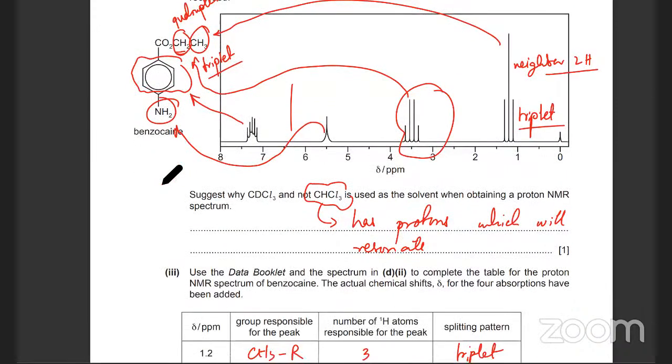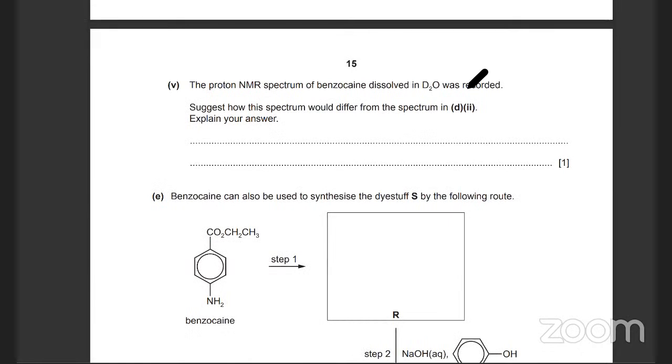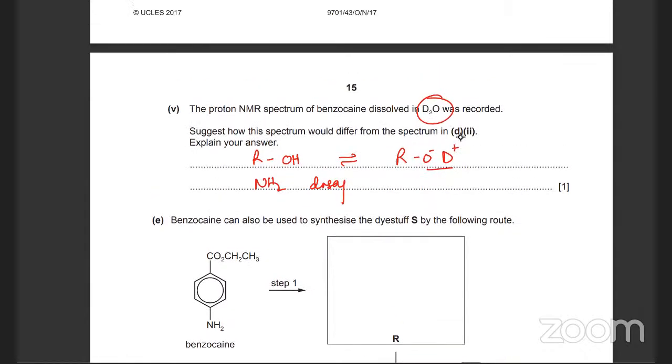So when you add D2O, which is heavy water, those protons disappear. Instead of ROH, because of the ionization that's happening, it might turn into RO- and D+, so it's going to become ROD. Deuterium doesn't resonate. Remember that. So the peak would disappear. The NH2 peak is going to disappear. Is this clear?